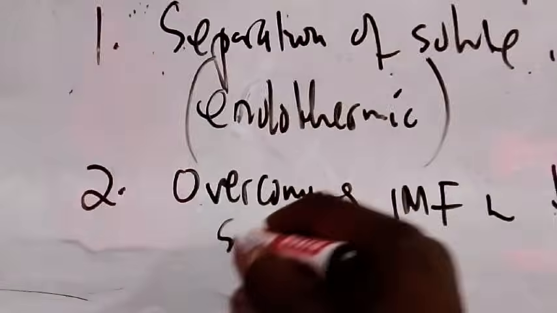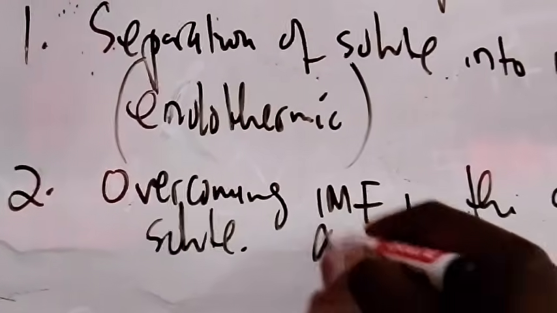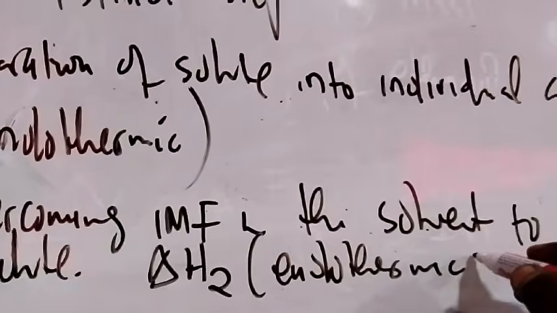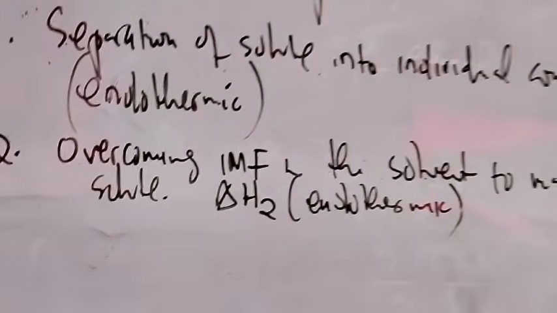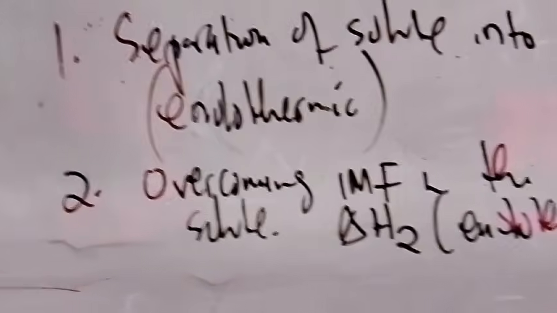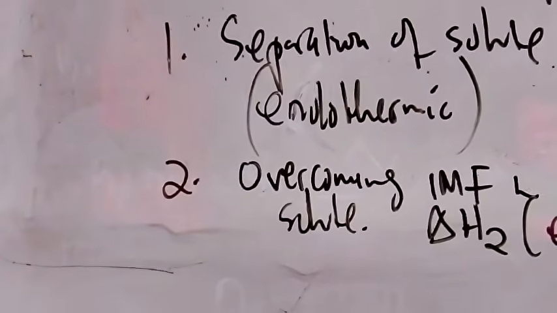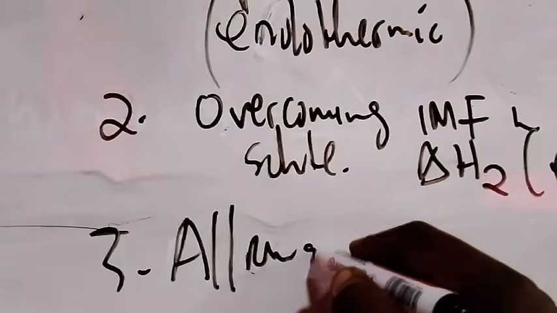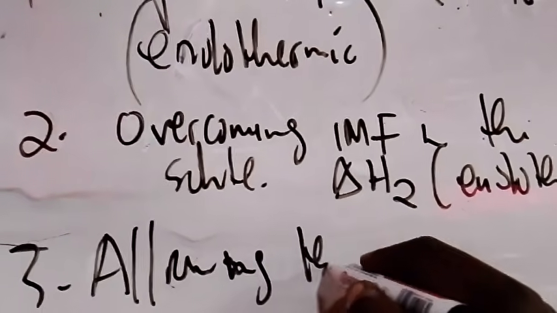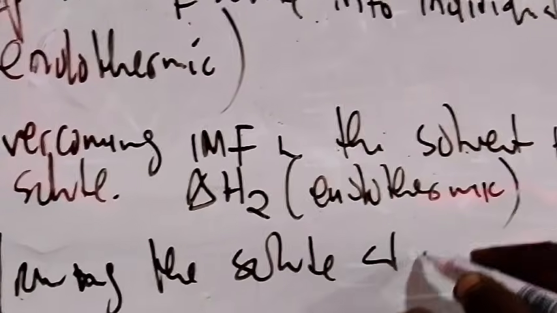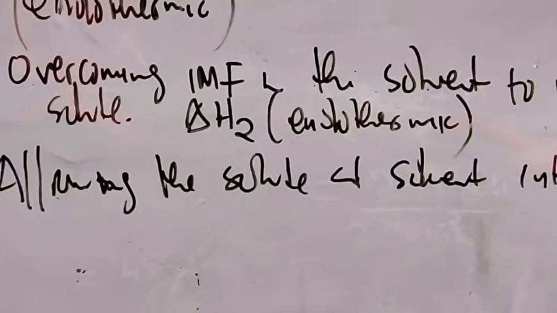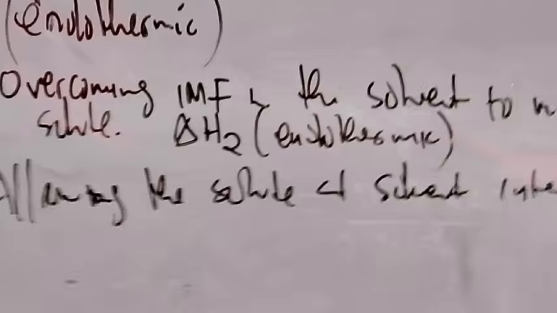So delta H2 is also endothermic for step 2. Then step 3 is allowing the solute and the solvent to interact to form a solution.